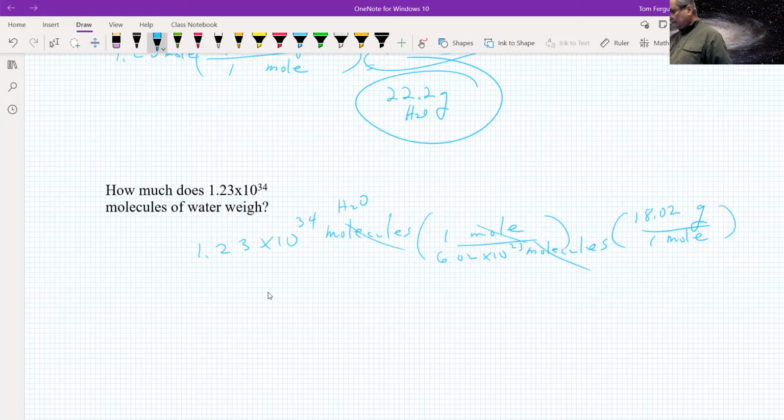So why did you cross off where it says 1 mole? Because we want everything to cancel except for grams. So 1 mole, 1 mole. Yes. And this is moles of water too.